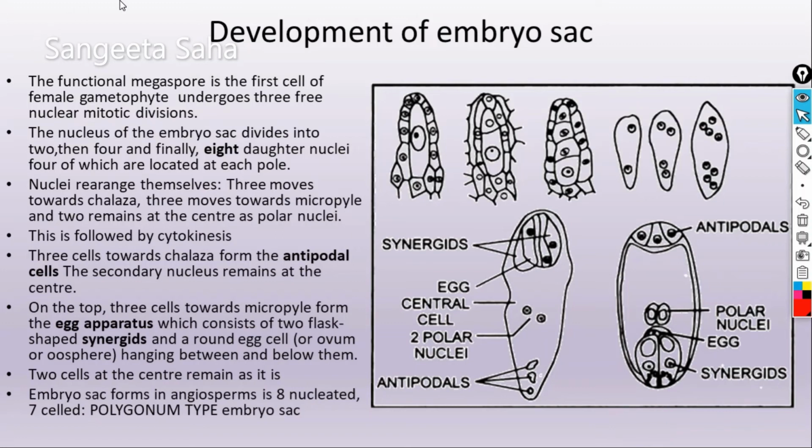The functional megaspore that we have discussed here undergoes certain divisions. It first undergoes karyokinesis, that is the division of the nucleus, and this karyokinesis occurs 3 times. The nucleus of the embryo sac divides into 2, then 4, and then 8 daughter nuclei, 4 of which are located at each pole.